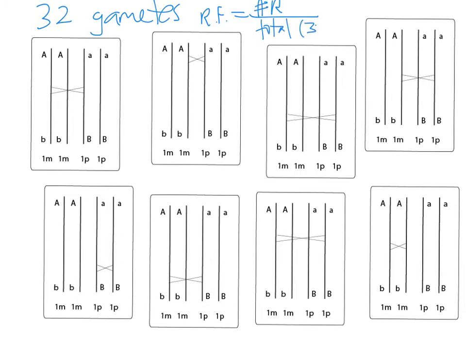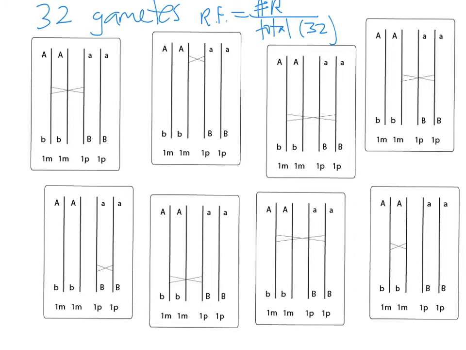So now we know the total number of gametes or haplotypes we're going to look at is 32. So then the question just is, go categorize all of those chromatids as either parental or recombinant. So again, take a couple of minutes, go through this if you haven't done this already, talk to a neighbor, see if you agree, count up how many of those chromatids are parental, how many are recombinant, and then when we come back together in 2 minutes, let's figure out what the tally of the recombinants is.